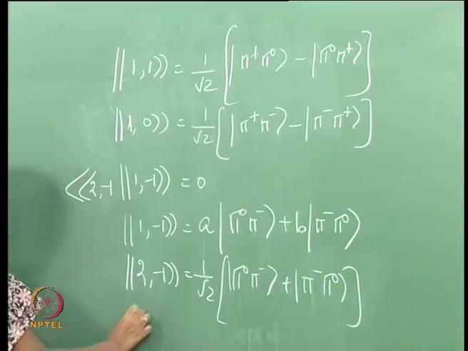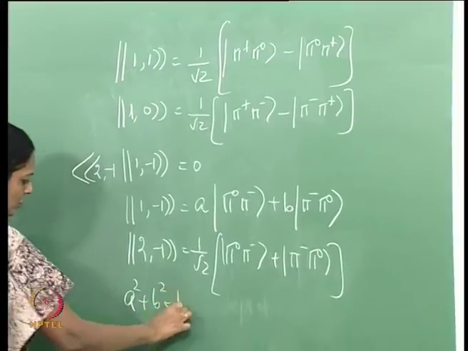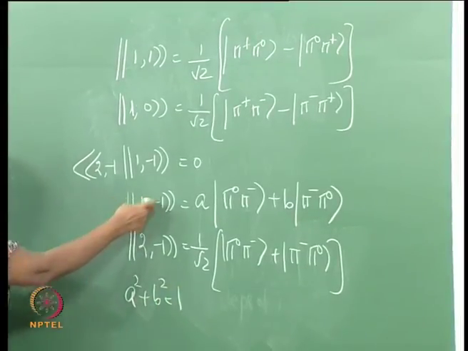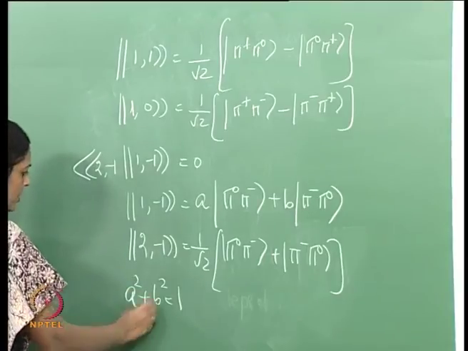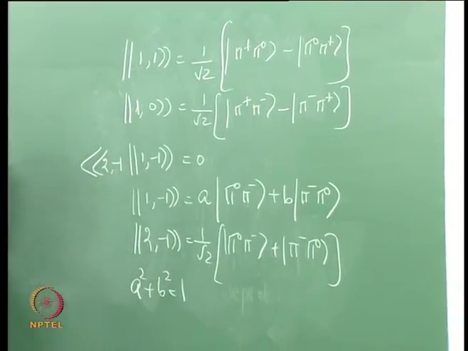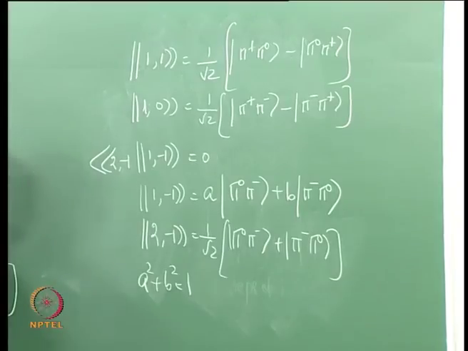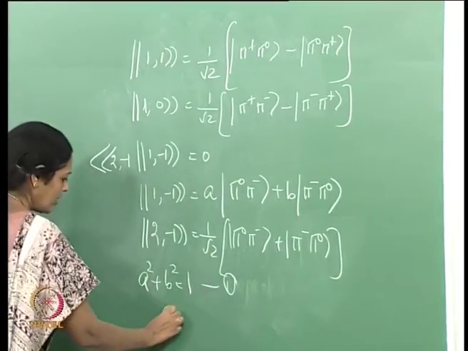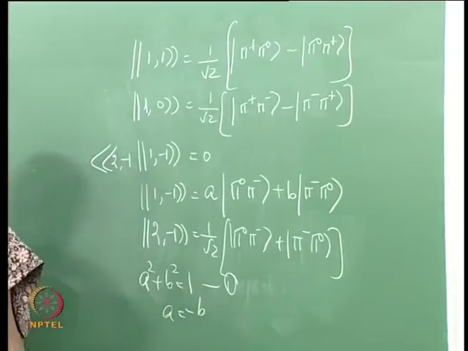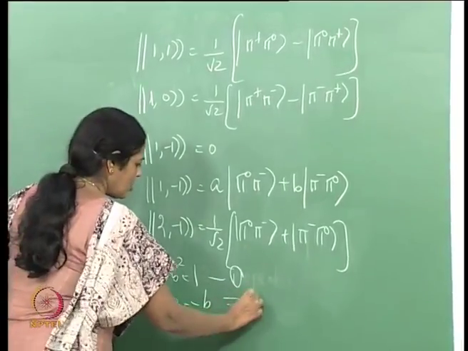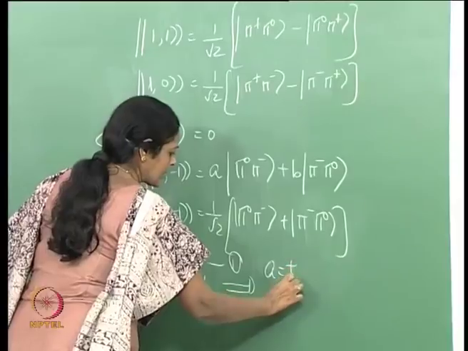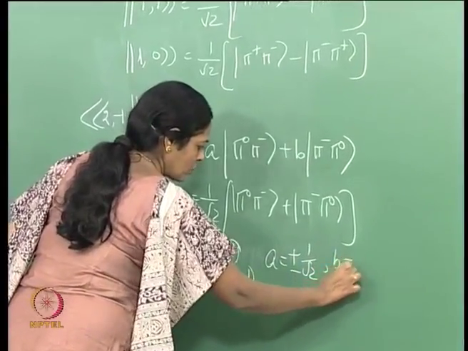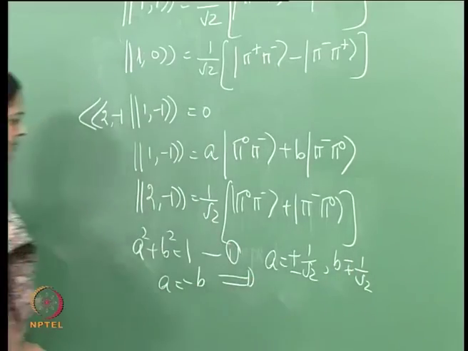I have a squared plus b squared equals 1 as always, and the fact that 2, minus 1 is orthogonal to 1, minus 1 gives me the second relation a equals minus b, which implies that if a is plus 1 by root 2, b is minus 1 by root 2 and vice versa.